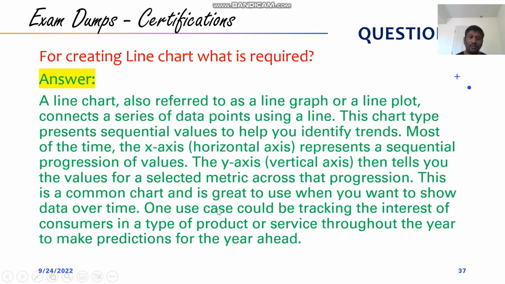One use case could be tracking the interest of consumers in a type of product or service year over year. So these line charts are most widely used to display the representation of sequential progression values and data over time. When you are trying to show data over time, you will go for a line chart.